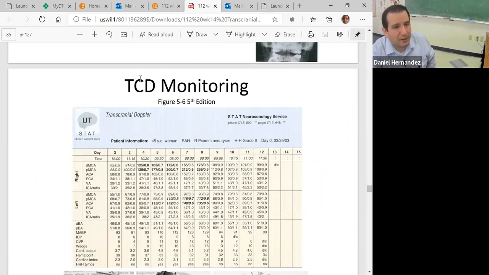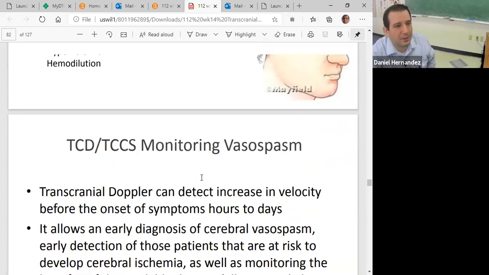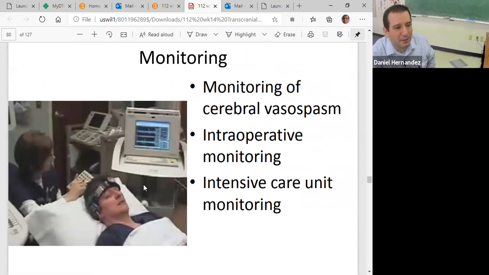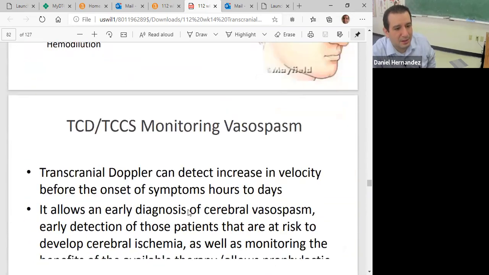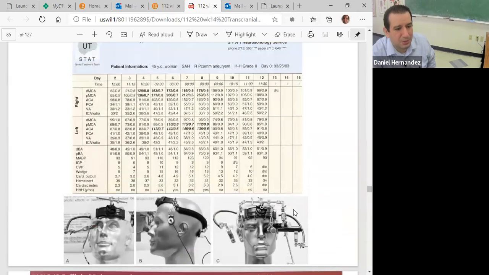So this is a printout of TCD monitoring. Patients in the ICU, we hook them up to a continuous TCD monitor, which will monitor the patient's velocities. Then they're able to chart it out to see if it's progressing or getting worse. Here's another example of the harness that they place.